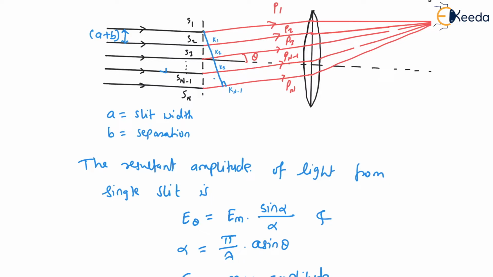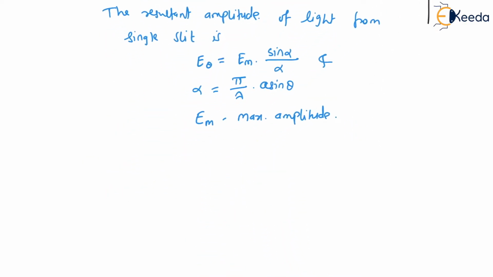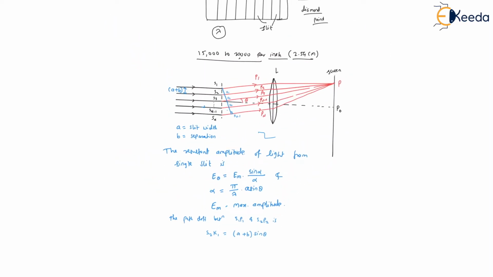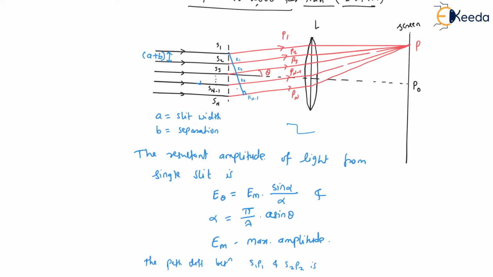Here we'll write the equation: the path difference between S1P1 and S2P2 is S2K1, and by geometry we can write its value as A plus B into sine theta. Why? Because in this small triangle, the angle will again be theta.